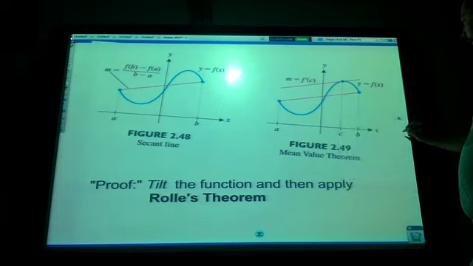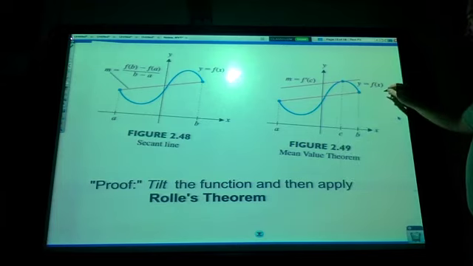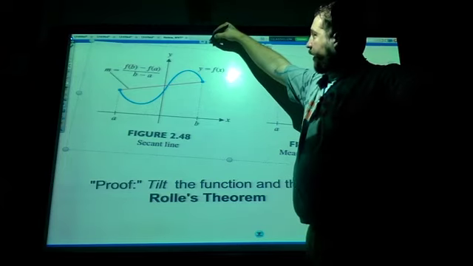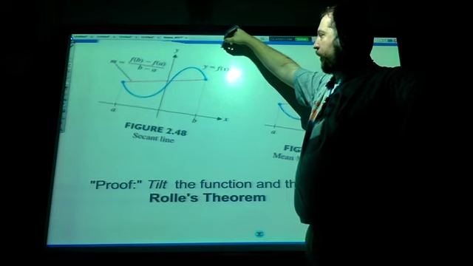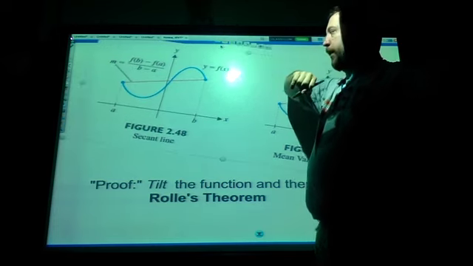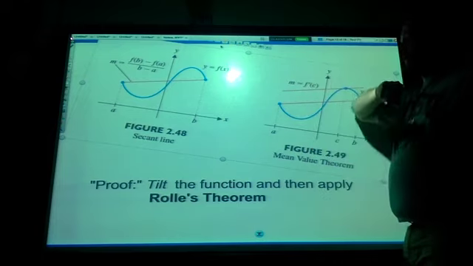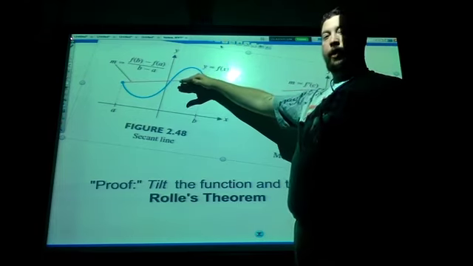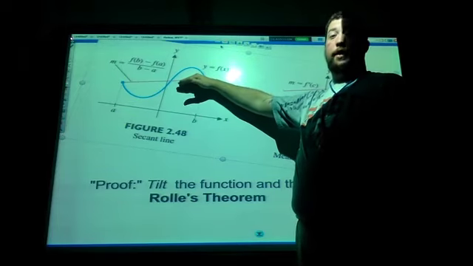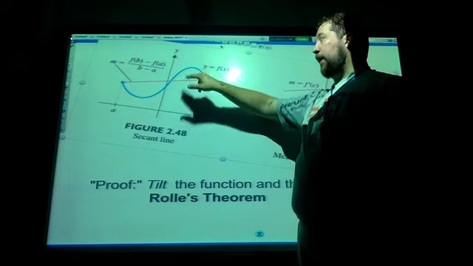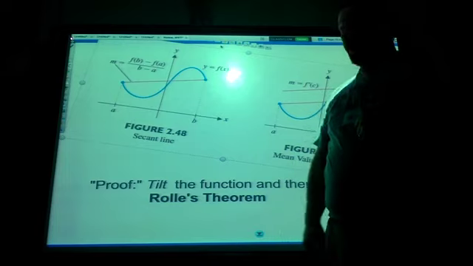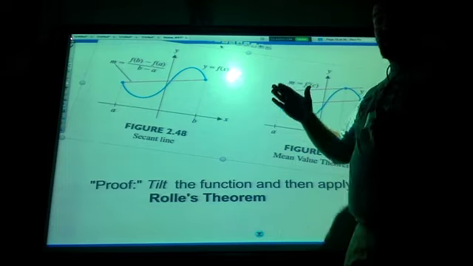It applies a kind of transformation, and you can see exactly what in the book, so that f(a) and f(b) are actually the same thing. It turns this line into basically zero. And then Rolle's theorem applies and says, I've got a point up here where the slope also has to be equal to zero.